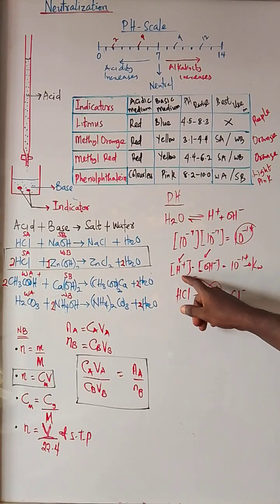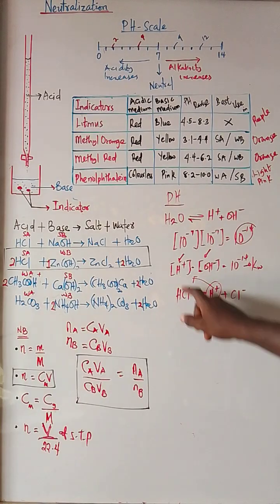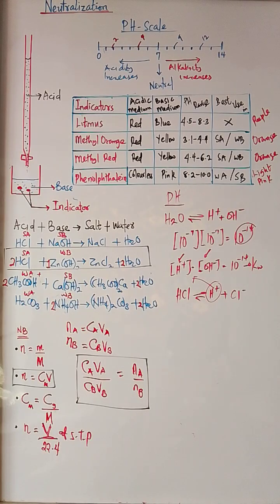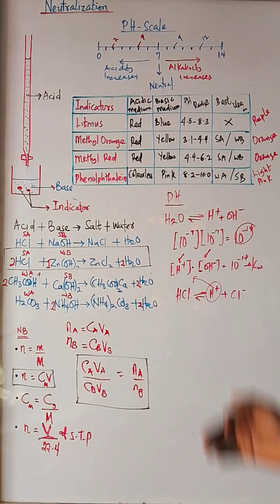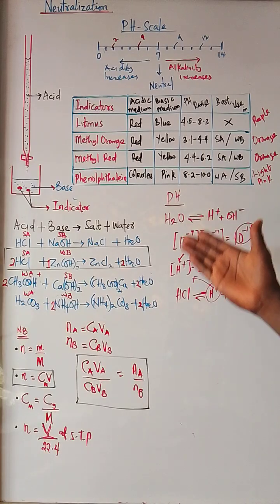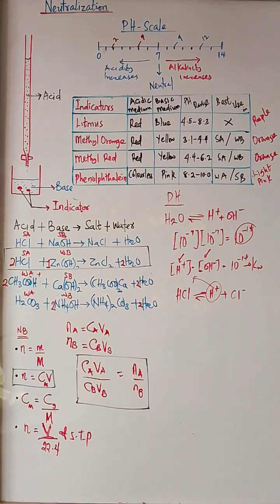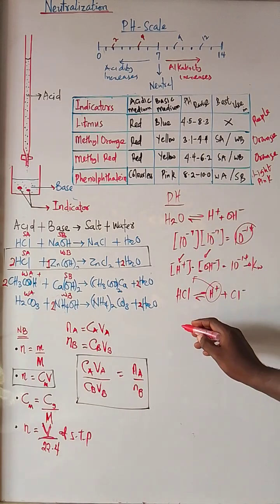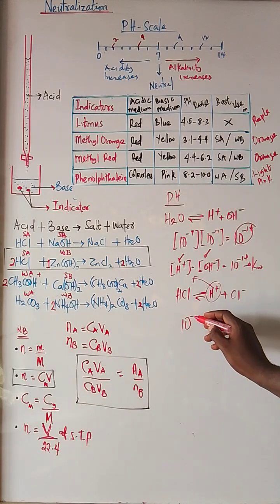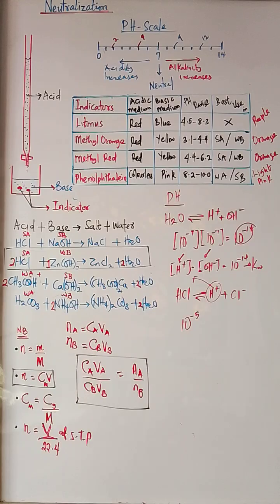The concentration of hydrogen ion will now increase, while the hydroxyl ion concentration will decrease relatively, because we are adding more of this and we are not adding any of this. So the water becomes acidic. Instead of 10 to the minus 7, the concentration will increase to, let's say, 10 to the power of minus 5.